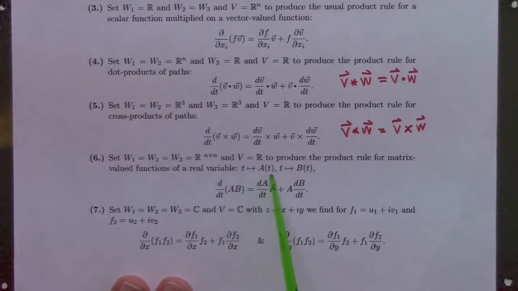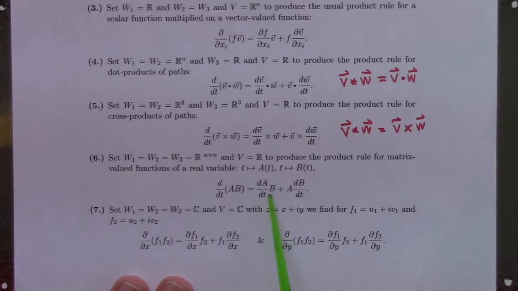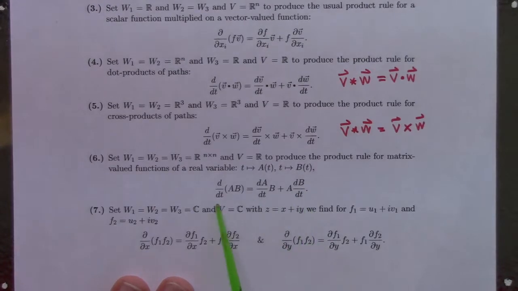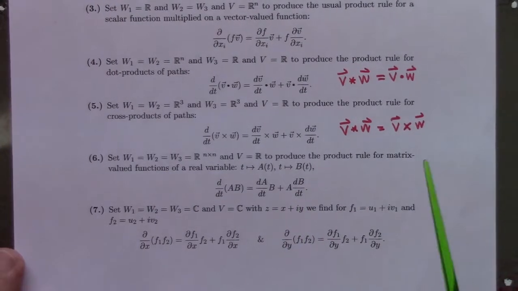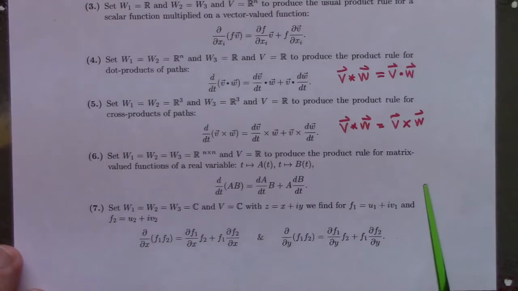In other words, we can look at 2 paths of matrices. The product of 2 paths of matrices gives yet another path of matrices whose velocity is related to the velocities of the original 2 matrices according to this natural product rule, which respects the non-commutativity of matrix multiplication. There you go. Yet another product rule that we actually use in differential equations.